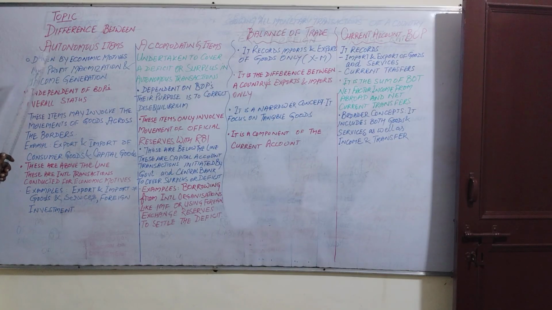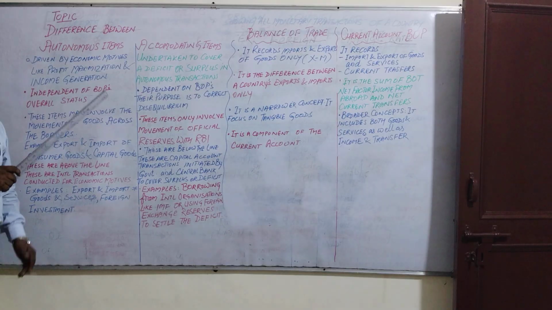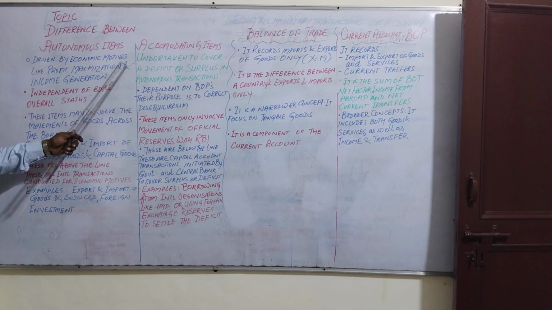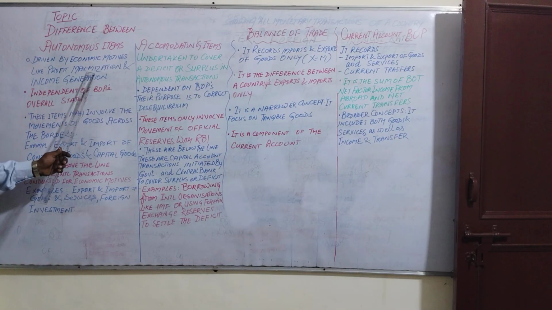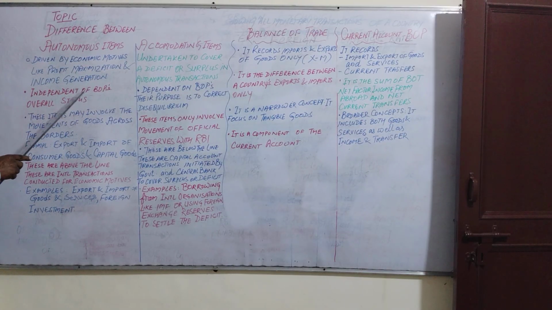Autonomous items are those which are undertaken for the consideration of profit, or we can write, driven by economic motives like profit maximization and income generation. These are independent of the balance of payments' overall status.